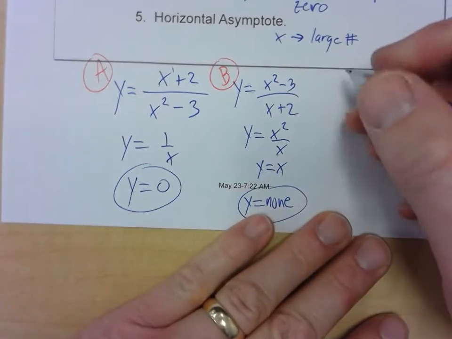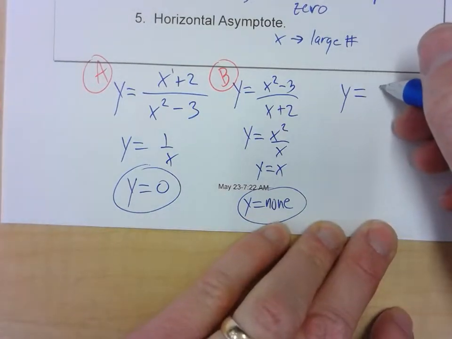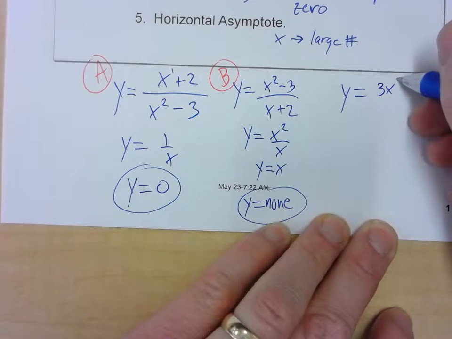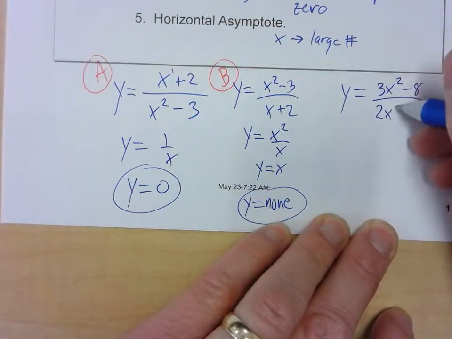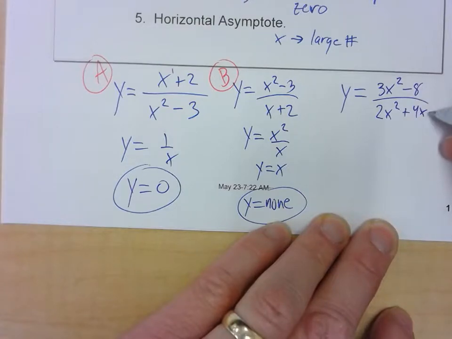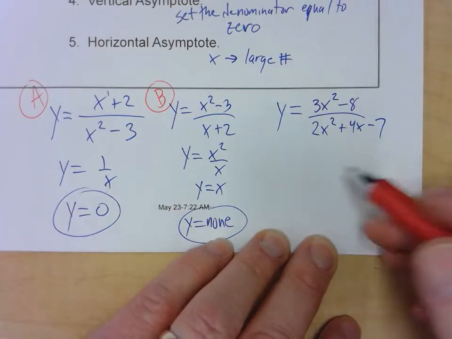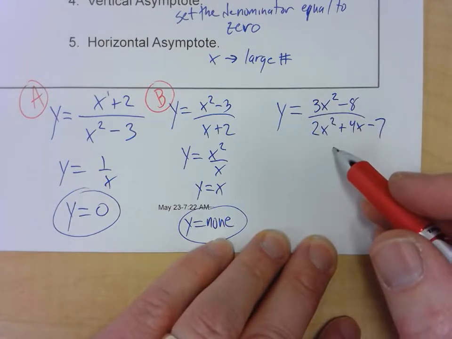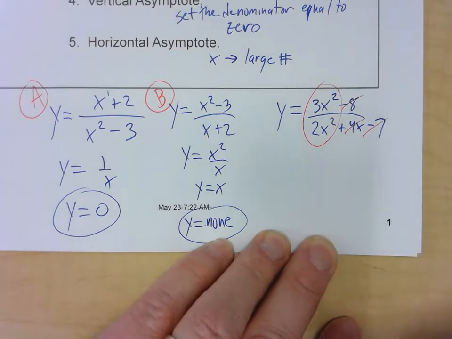Now the third scenario is if there's a tie. So if we have y is equal to 3x squared minus 8 over 2x squared plus 4x minus 7, well, when we're talking about putting billions in here, the other terms don't really matter. The only thing that matters is the leading terms.